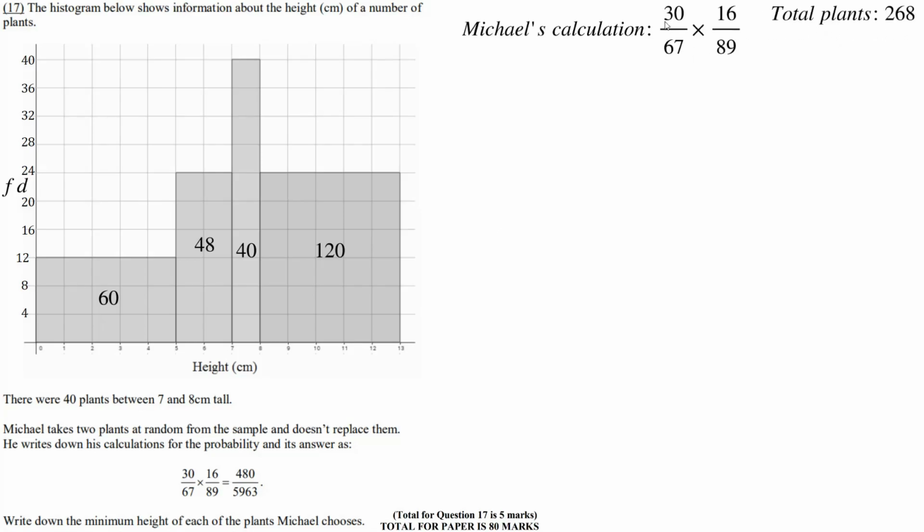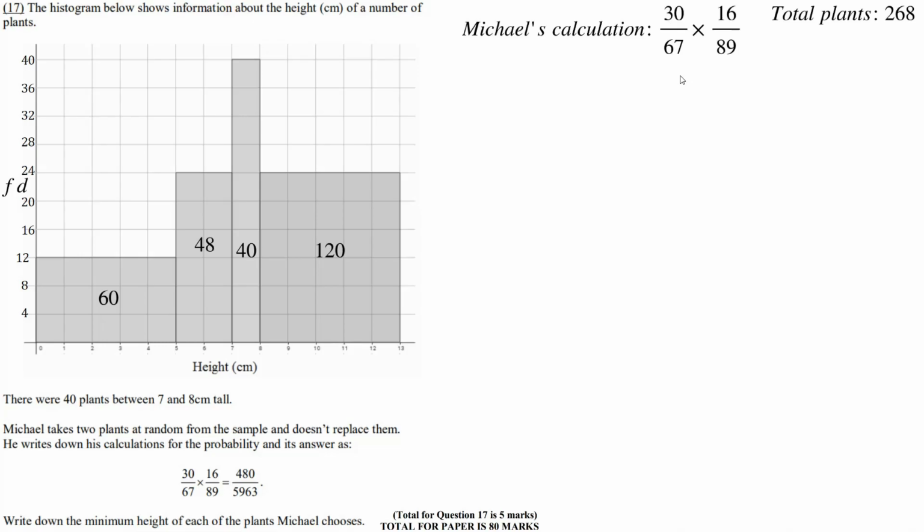Now Michael's calculation is this: 30 over 67 multiplied by 16 over 89. Now the problem with this calculation is that it doesn't really tell us much in this form. One of the big hints to figure out what Michael's doing here is, what is the probability out of? Here it's out of 67, and here it's out of 89. We'll just focus on this first one for now.